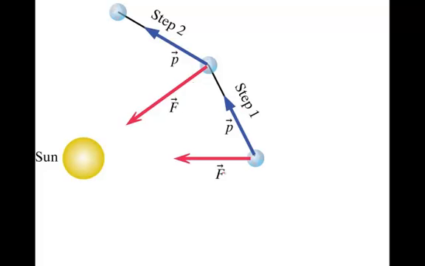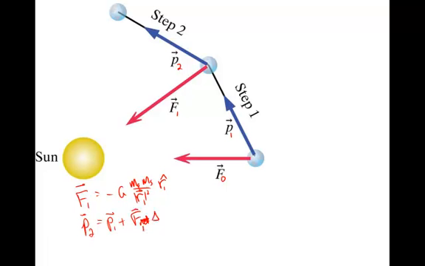So now I have to do the next thing. This is F1, or F0, P1, F1, P2. So now I've got to calculate F1, negative G, mass of the Earth, mass of the Sun, all over R1 squared times R1 hat. Then we update our momentum, find P2, that's equal to P1 plus F1 delta T. I'm sorry, I'm getting my notation confused here.